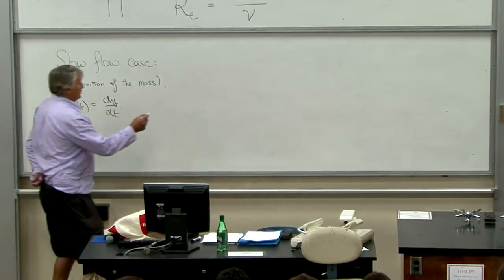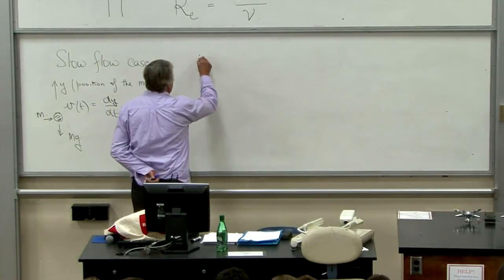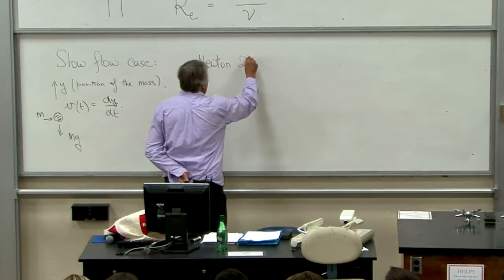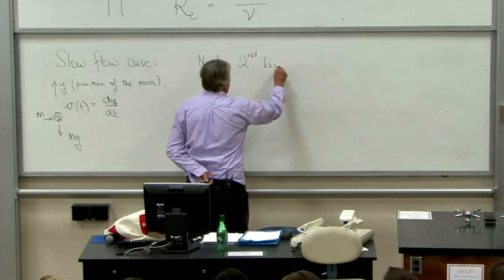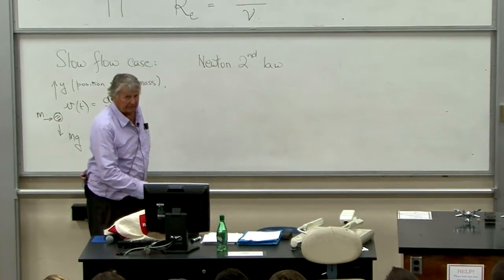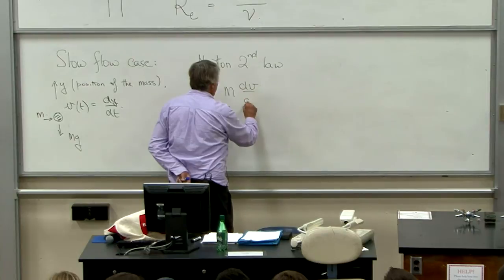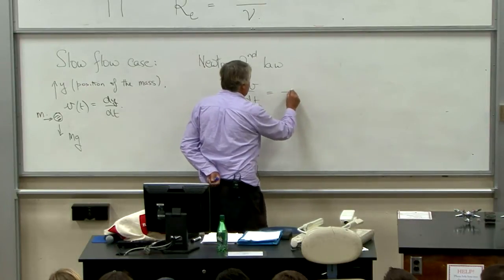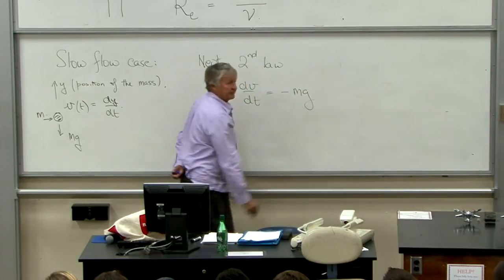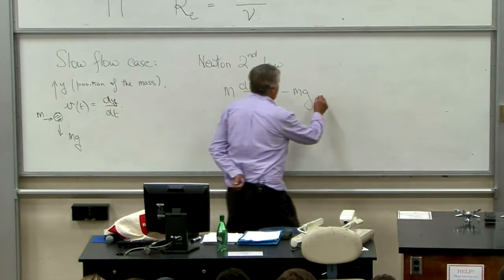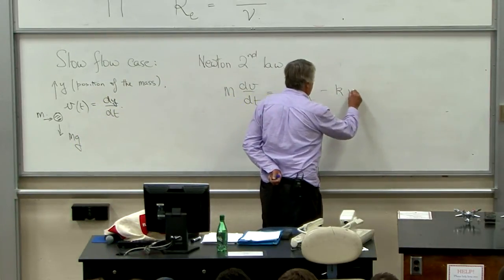So the equation, Newton's second law, if the mass stays constant, will be m dv by dt is minus mg, a constant gravity force, minus kv.